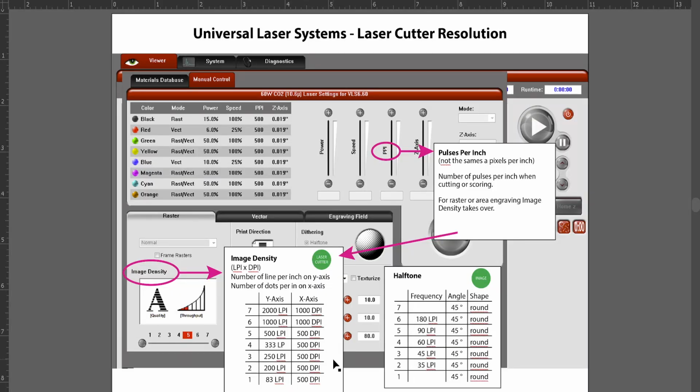I will create another handout with a chart comparing and contrasting that. If you have an Epilog and are up for contacting Epilog to find out if their image density on the x-axis is the same as the y-axis as it is for a Trotec, or is it different like it is for Universal.